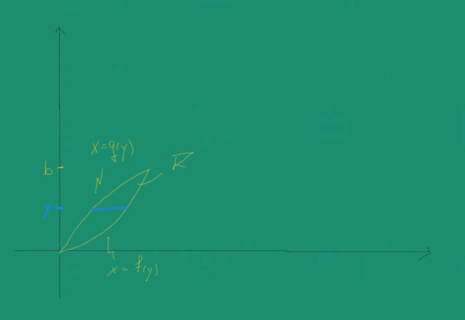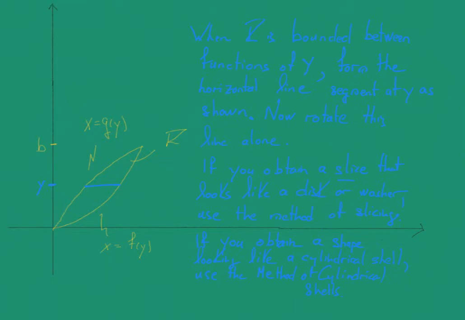So let me write that down. Okay, so here it is. And you can write this down because this is, again, essentially all that you need to remember. When the region R that you're considering is bounded between functions of y, as we have here, so here R is described as being bounded between the functions x equal to f of y and x equal to g of y, in this case, form horizontal line segments.